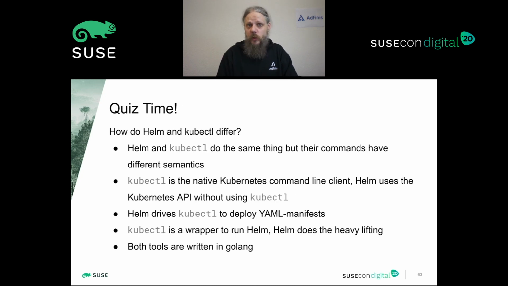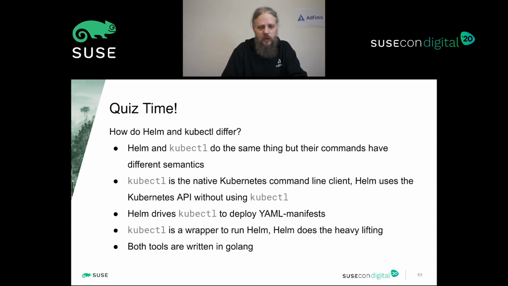Now for a small quiz about Helm and kubectl. How do they differ? Do Helm and kubectl do the same thing but have different semantics on their command line? Is kubectl a native Kubernetes command line client while Helm uses the API without using kubectl? Does Helm drive kubectl to deploy YAML manifests, or is kubectl a wrapper to run Helm, where Helm does the heavy lifting?